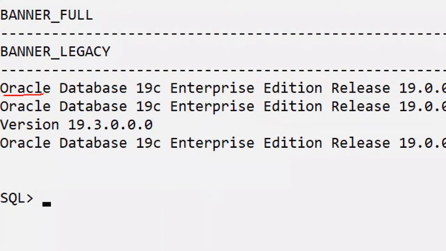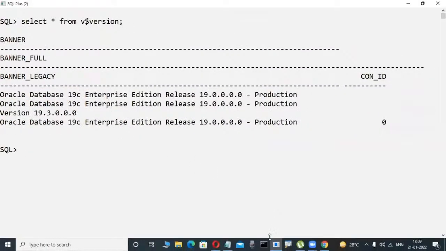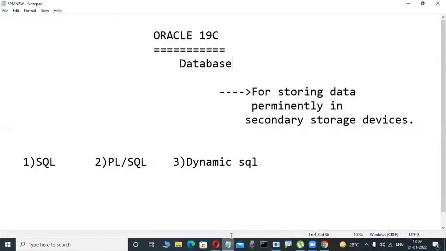Oracle is a product from Oracle Corporation. But what type of product is it? A database product. The version we are learning in our course is 19C, a version of this DB product. What is a database?